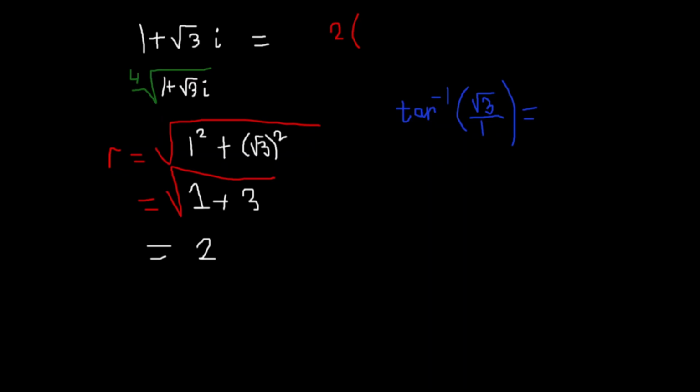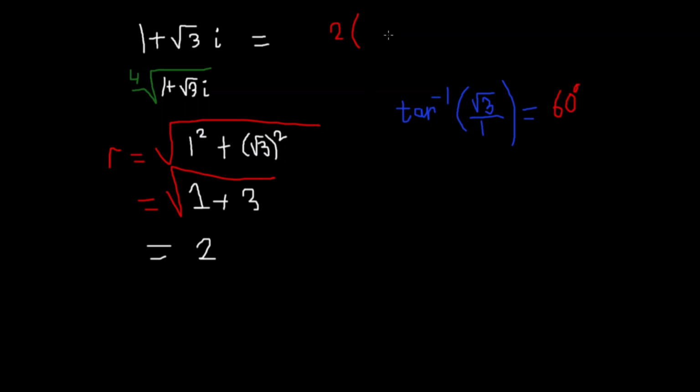So this equals 60 degrees. If you put it in the calculator, it will say 60 degrees. You can also write it in radians, so it would be pi over 3 radians, but whichever one you prefer or your teacher prefers.